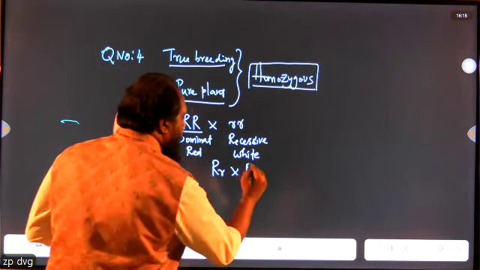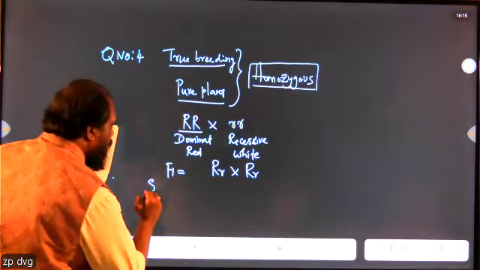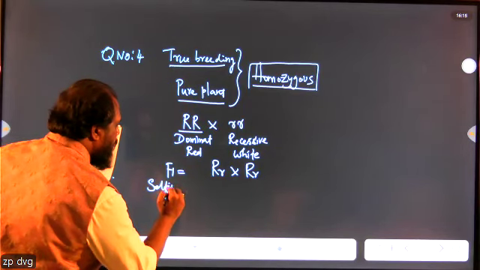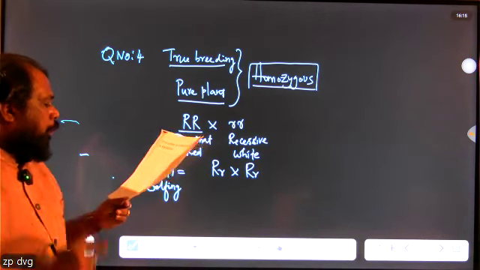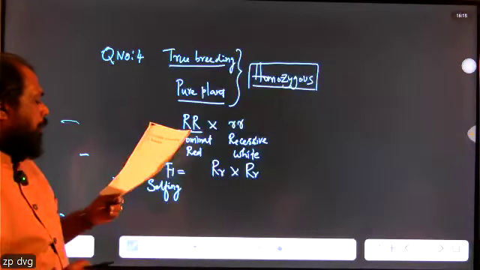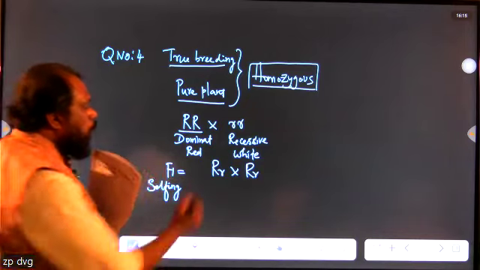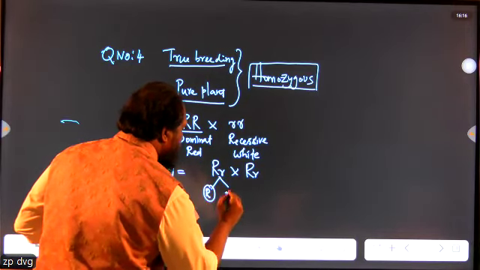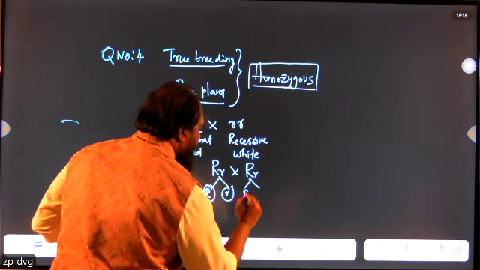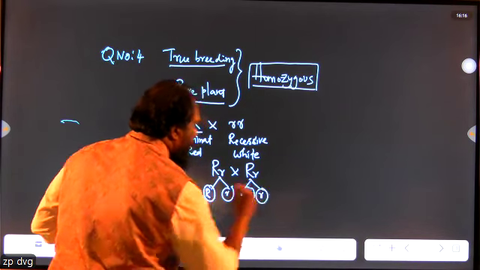When I do selfing, hope you remember, this is called selfing. The proportion of plants producing white flower in the progeny will be... Hope you remember, this produces the gametes capital R, small r, and capital R, small r.